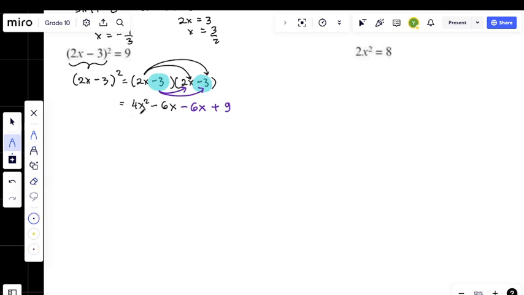Many of you sometimes are already done with this. But the next mistake that most students make is on this part. They thought that negative 6 subtract by negative 6, negative 6 subtract by 6 is 0, or even that it becomes an x, which is not.